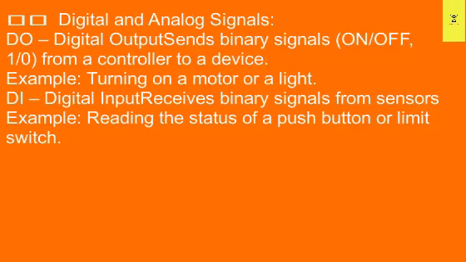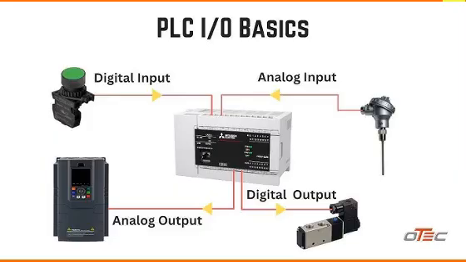To ensure, you have to check the written marking on the PLC. You can find I, which means input, and O, which means output.